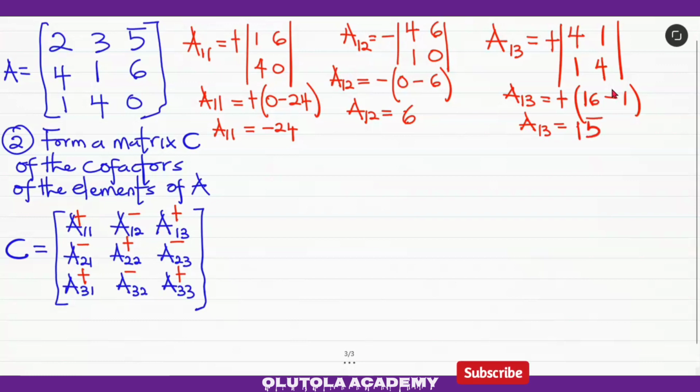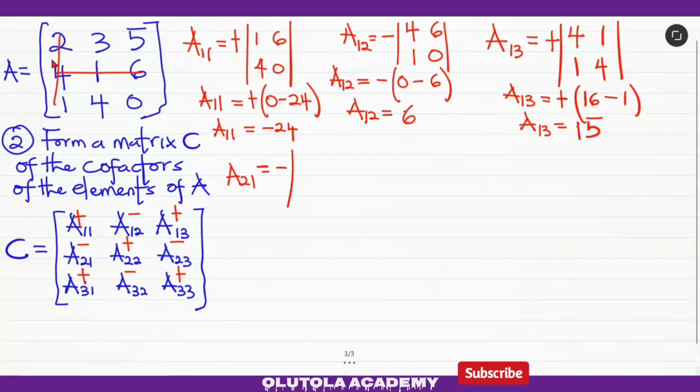Same thing I do to get A21. A21 is negative, so negative. Then I close this row up. A21 is here, so I close this row up, and I close this column up.